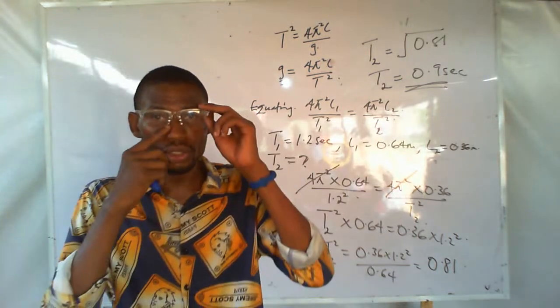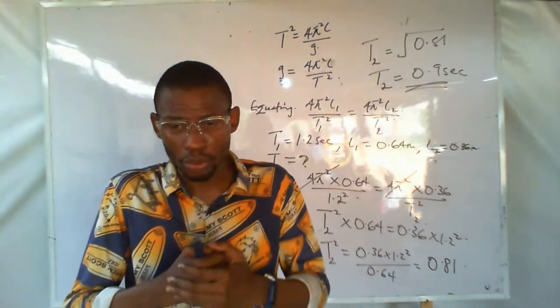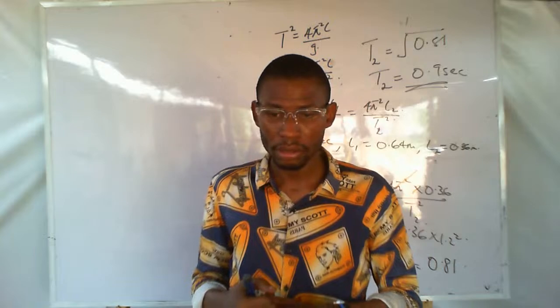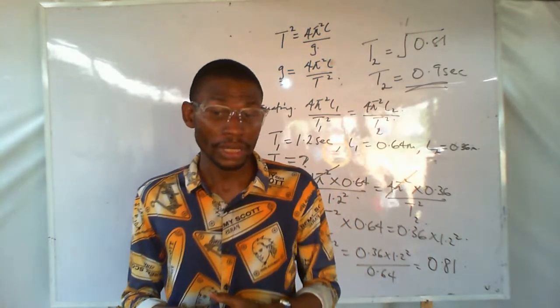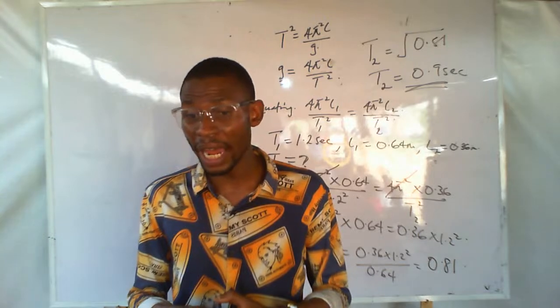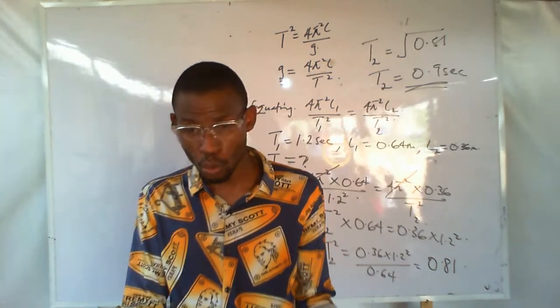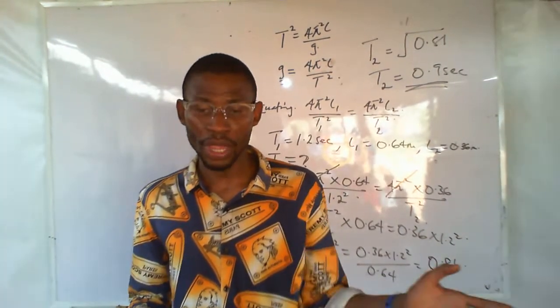So now, in conclusion, we have been able to show that we can have a simple pendulum that has a similar length to the previous one, and that is exactly what you can see there.